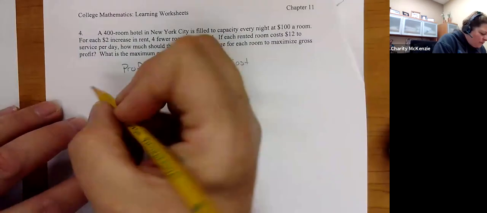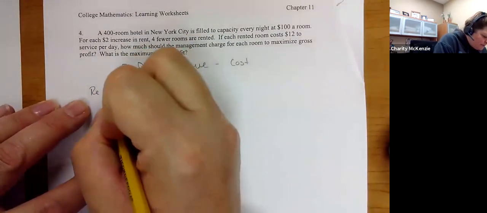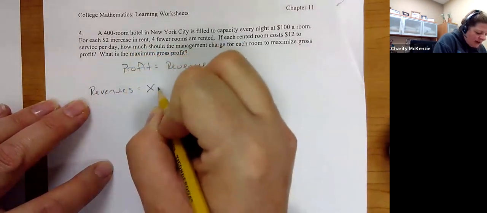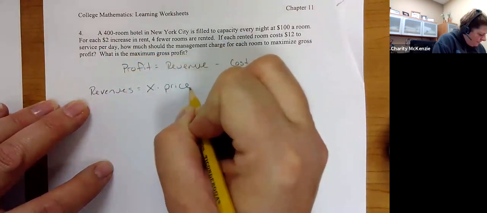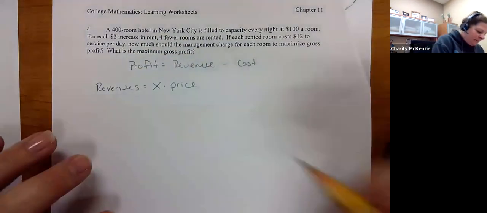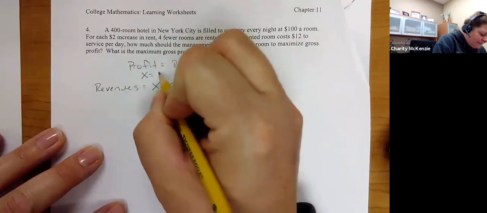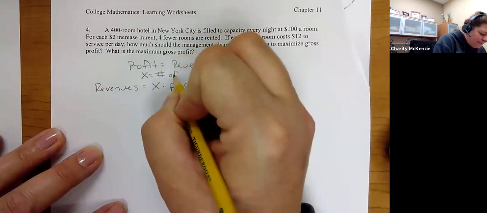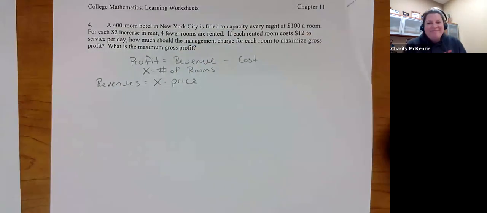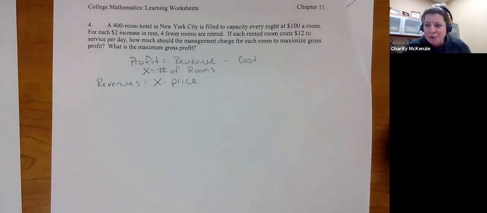So let's think through the revenue. It is going to equal x times our price. X is just the number of rooms. So our revenue is always just how many items, which our items are rooms, times the price. That's it. That's our revenue.